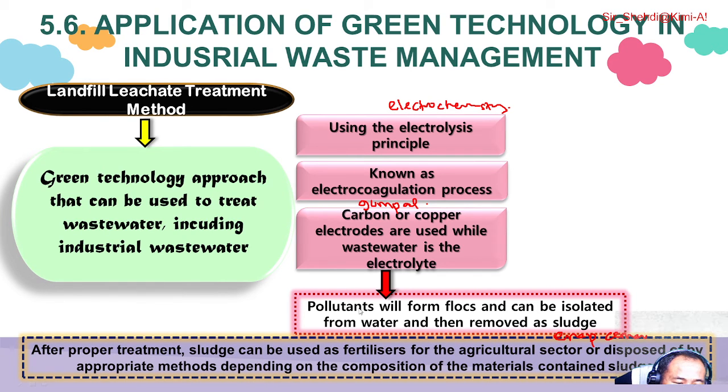Okay, after proper treatment, sludge can be used as fertilizer in agriculture or disposed. Kita boleh hapuskan dengan cara appropriate method depending on the composition of the material contained in the sludge.